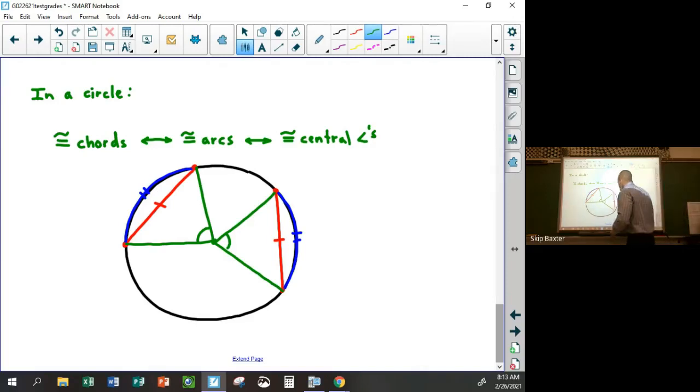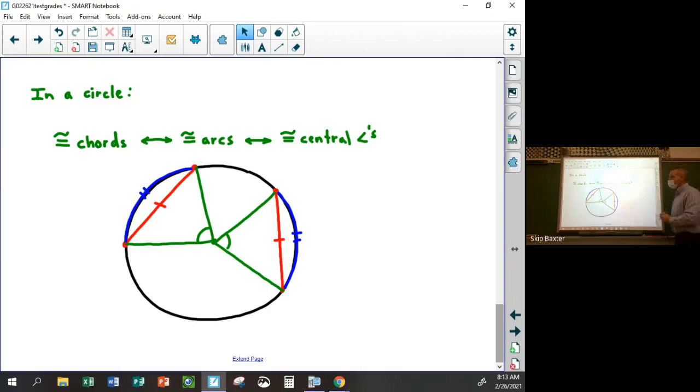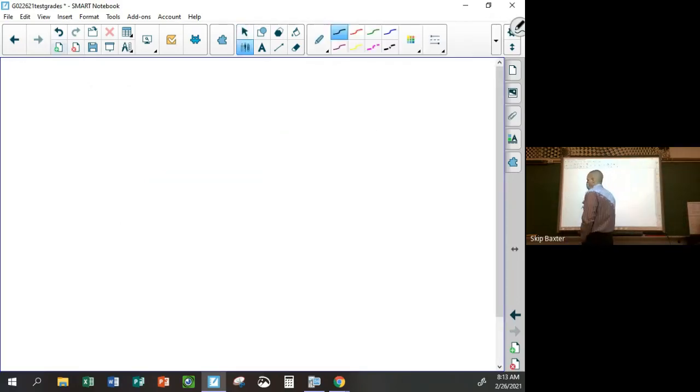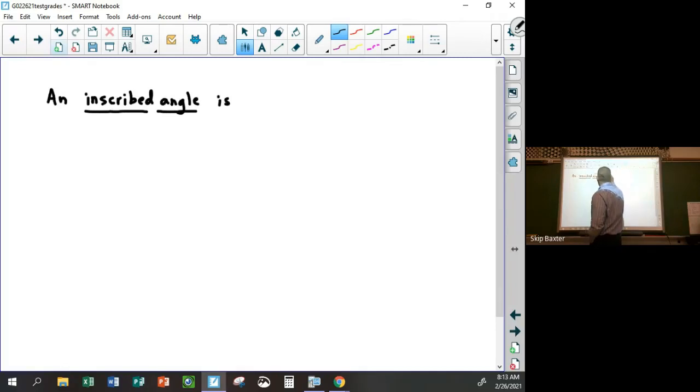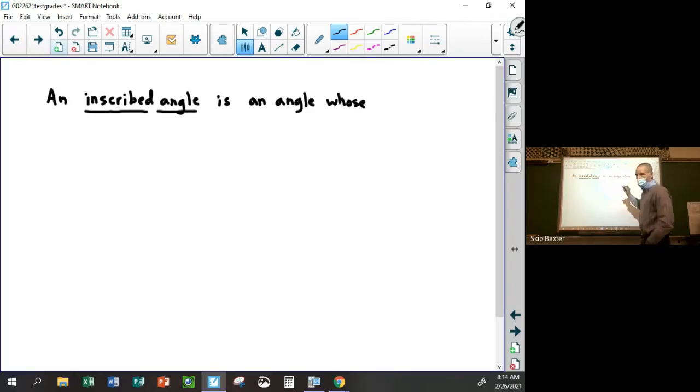So the second thing I want to talk about, so this is central angles. Second thing I want to talk about is inscribed angles. So an inscribed angle is an angle whose vertex is on the perimeter of the circle.